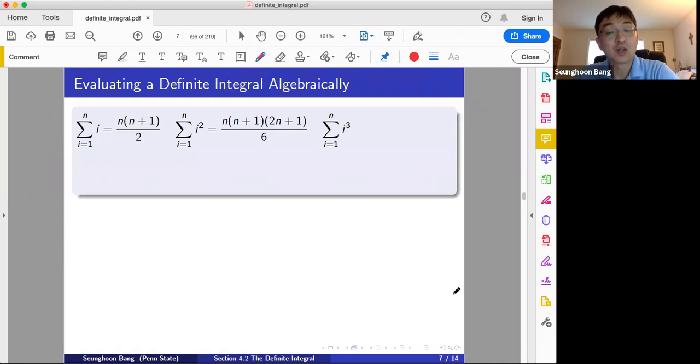Summation of i cubed from i equal to 1 to n is n times n plus 1 over 2, whole squared. The summation i equal to 1 to n of c equals, do you know what that is? Could you write your answer? What do you think?